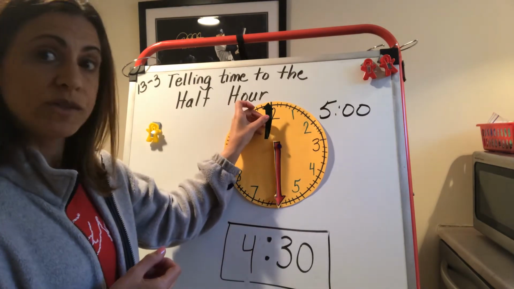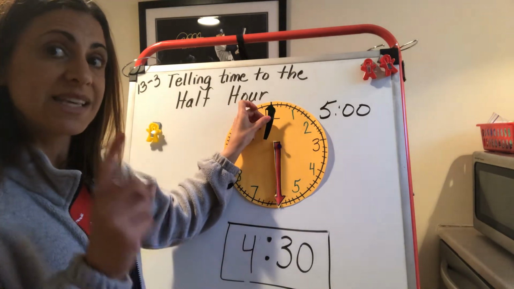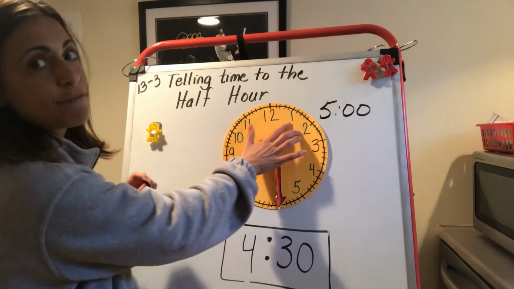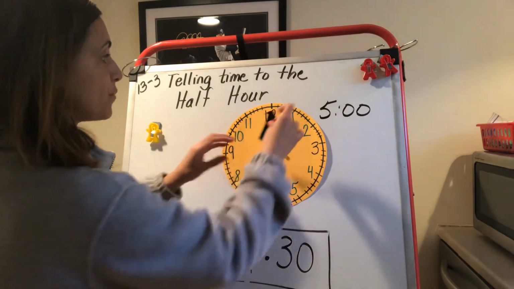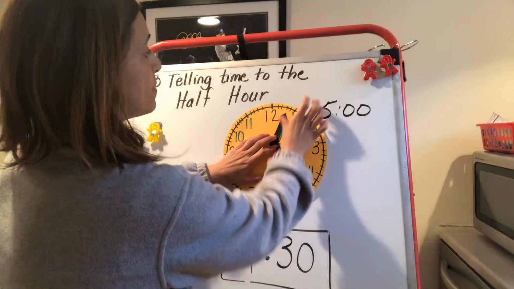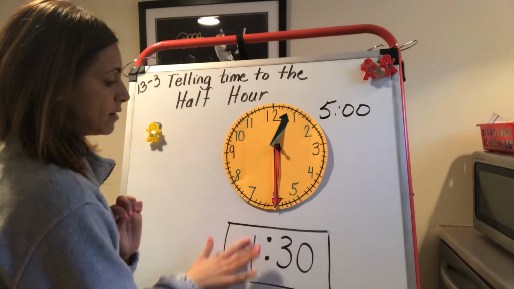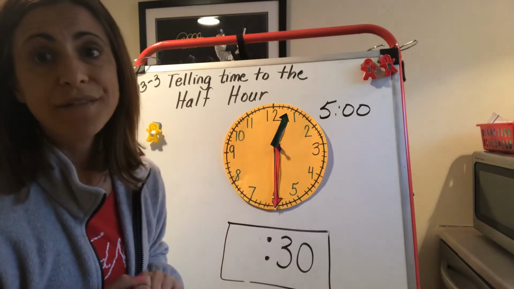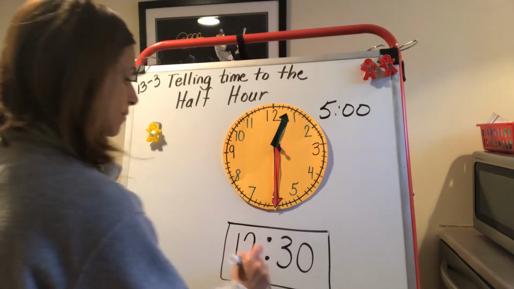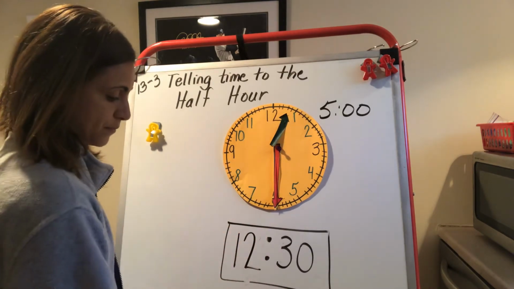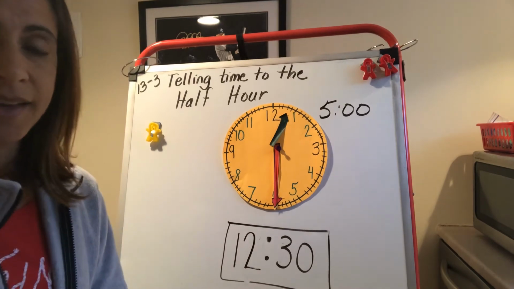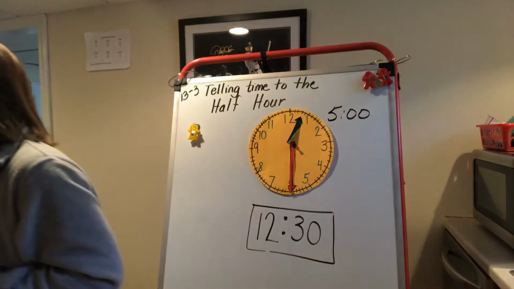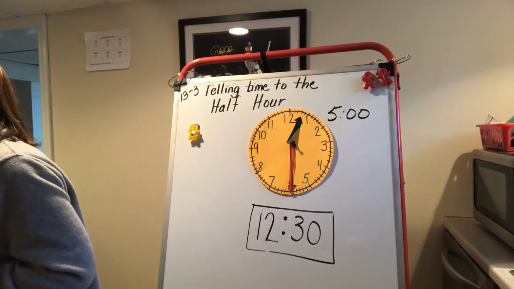You know the hour was 12, but because it's 12:30, it's halfway between 12 and the number that comes after 12, which is 1. Your hour hand would be between 12 and 1, and that time tells me it's 12:30. Okay? So that is our lesson for today. Telling and writing time to the half hour.